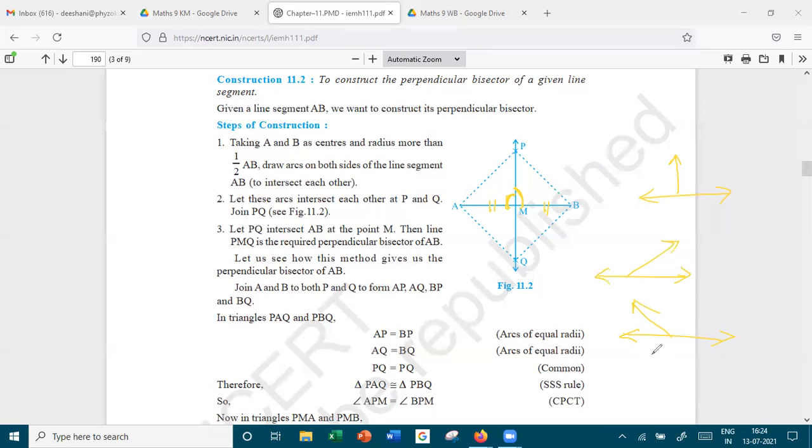Supplementary is quite close. Linear pair. Linear pair of angles, yes. What is the definition of linear pair of angles? Who can tell me? When two angles together total 180 degrees, then they are called linear pair.